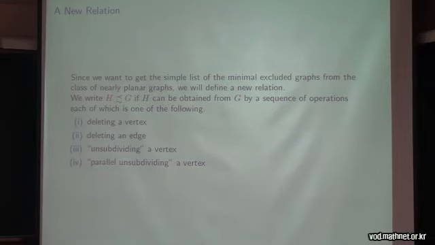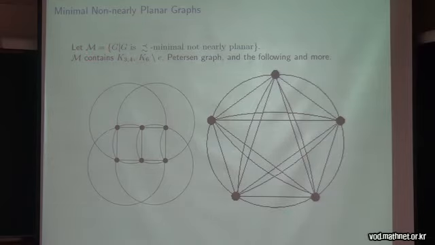So we want to get a simple list of minimally non-nearly planar graphs. It's too long to say, so we will define the class M as the class of minimal non-nearly planar graphs under the new relation.